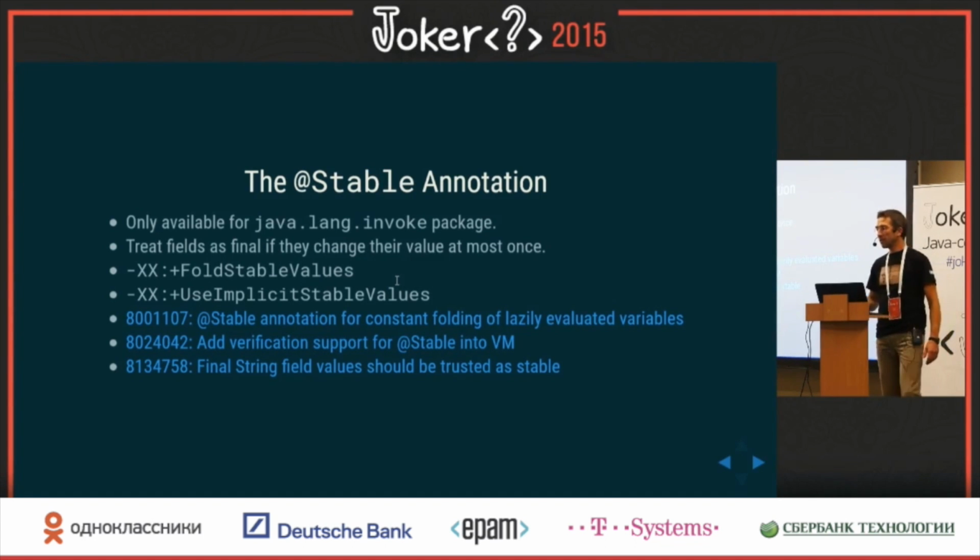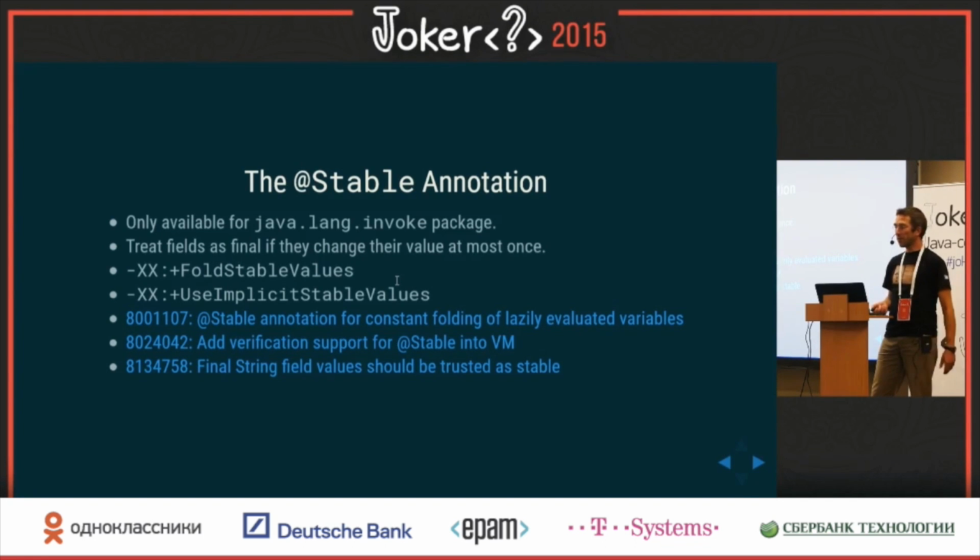So one thing they started was the Stable annotation, which they introduced for invokedynamic, because in the java.lang.invoke package there are a lot of places with final instance variables which are initialized only once, when the bootstrap method is called, and after that they never change.